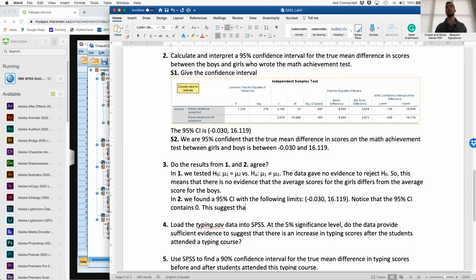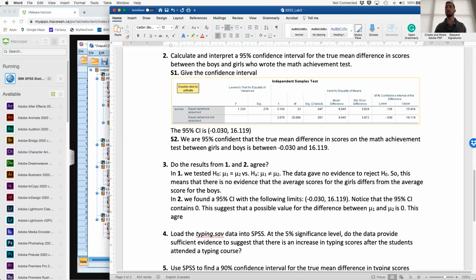This agrees with the conclusion we found in 1.